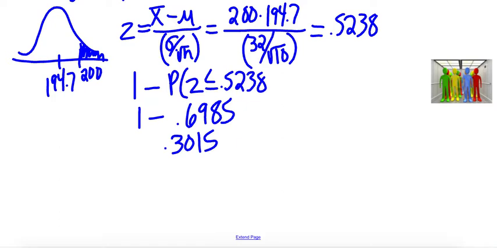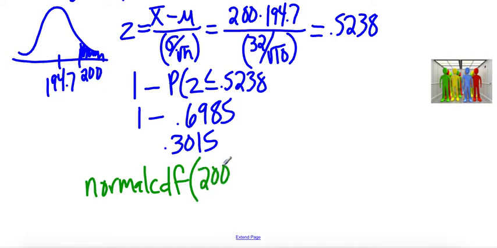Using our calculator, we're going to use normal CDF. In case you forgot, the normal CDF is in the distribution menu. That's above variables, so it's towards the right side of your calculator. So our lower bound is 200. Our upper bound is infinity.